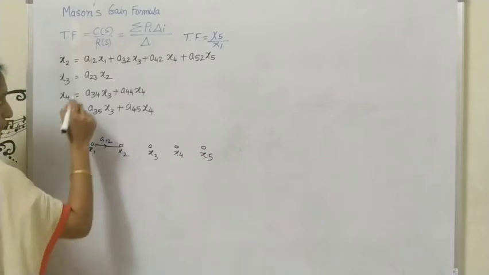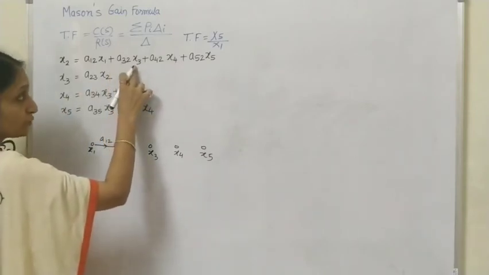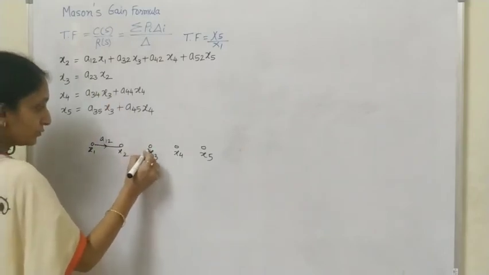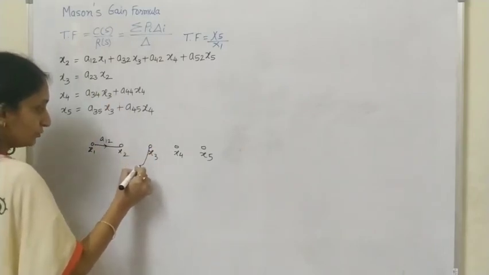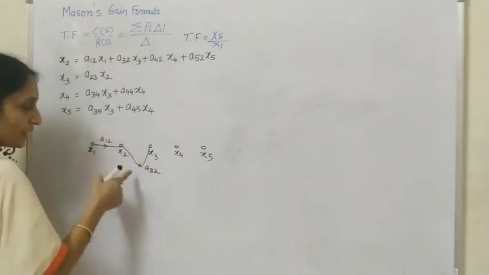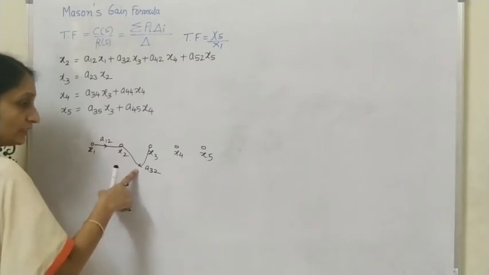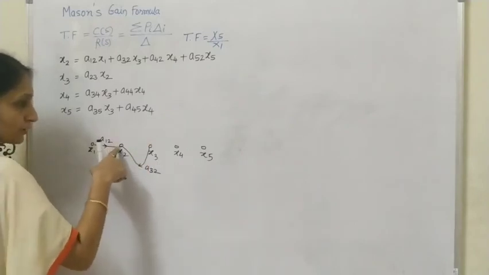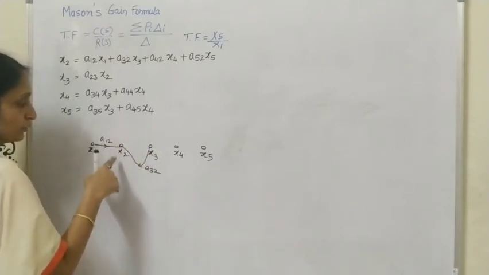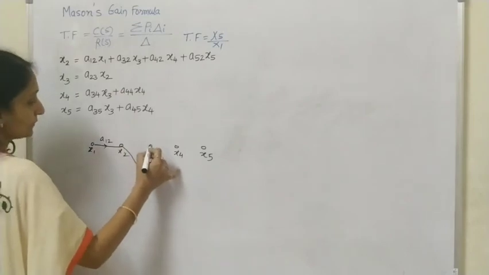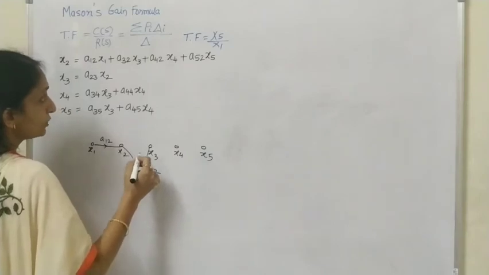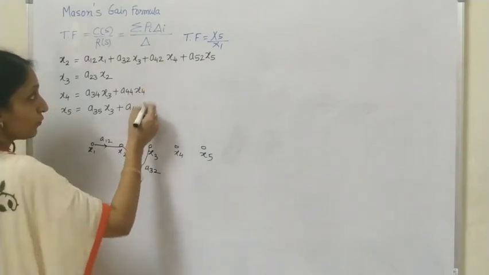a12 x1. Now look at this, a32: the signal is coming from 3 to 2. So I am drawing 3 to 2 like this. Why have I shown the direction like this? Because it is coming from input to output; the signal is not shown as a23, it is shown as a32. So a32 x3, then a42 x4: again the signal is coming from 4 to 2.